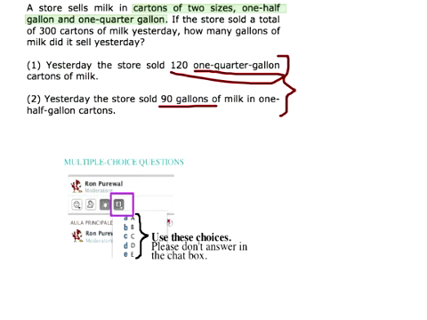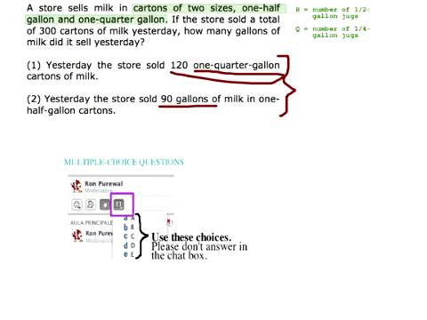Let's say that H is the number of half-gallon jugs, H for half, and let's say that Q is the number of quarter-gallon jugs. So let's see what the deal is then.